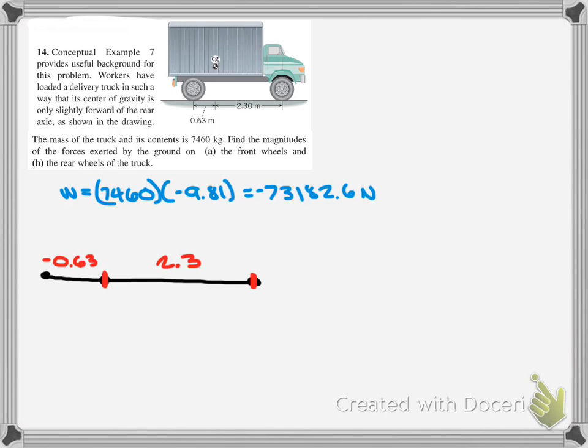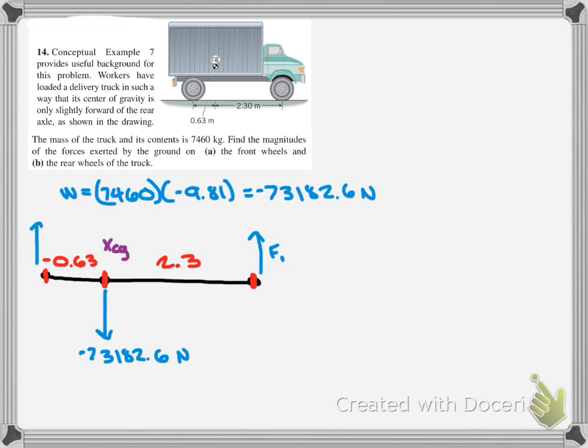There you have negative 0.63 meters because the center of gravity is right here, but it's 0.63 meters to the left. And then you have positive 2.3 meters because the center of gravity is right there. It's 2.3 meters to the right, so it's positive. And it's negative 73,182.6 newtons from the center of gravity.